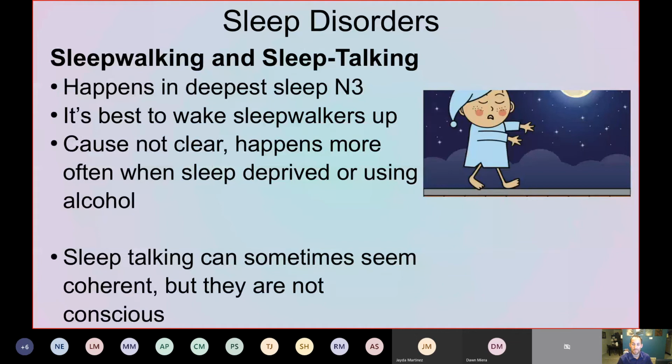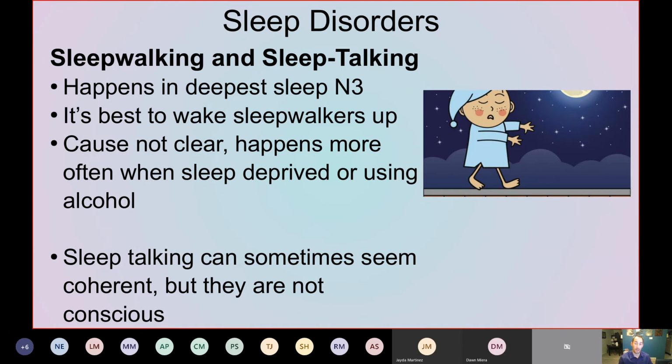So Lindsay asks if they're usually dreaming while sleepwalking or talking. It doesn't seem so, but it is also difficult to remember dreams from N3 sleep. It is clear you can dream in N3 sleep, but because people wake up really disoriented from it, it is hard for them to report dreams.